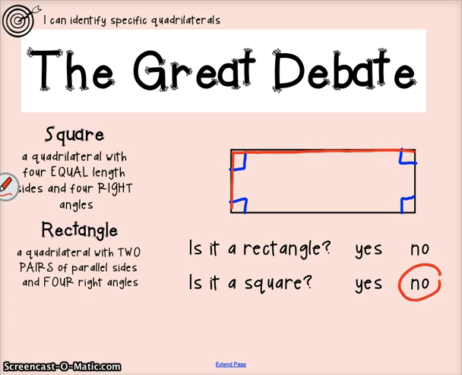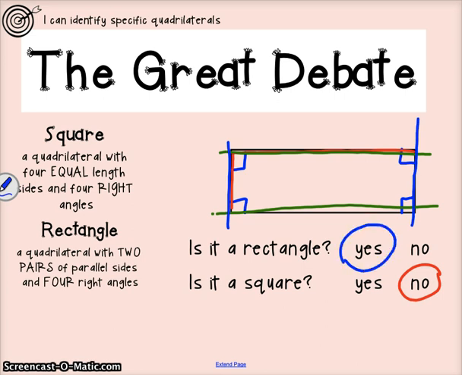No, this shape is not a square. A rectangle is a quadrilateral with 2 pairs of parallel sides and 4 right angles. Does this shape have 2 pairs of parallel sides? Yes, so this is a rectangle, but it is not a square.